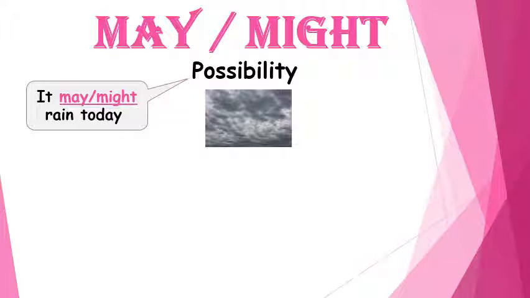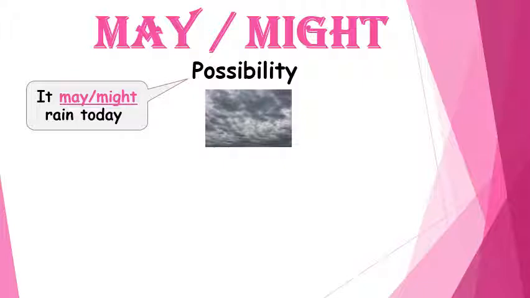The difference between may and might is in terms of degree of possibility, 50% or 60%. Normally one of them, might, is more in terms of percentage.